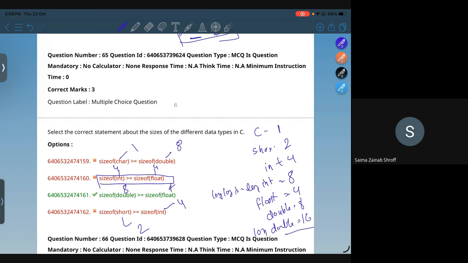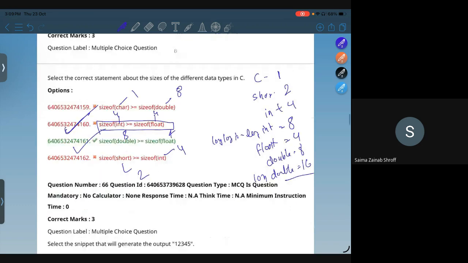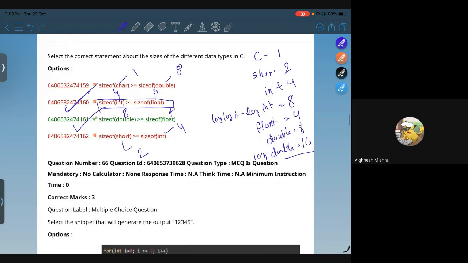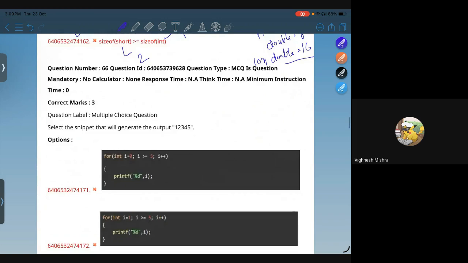Yeah, this will also be true. This is again true, and this will also be true.